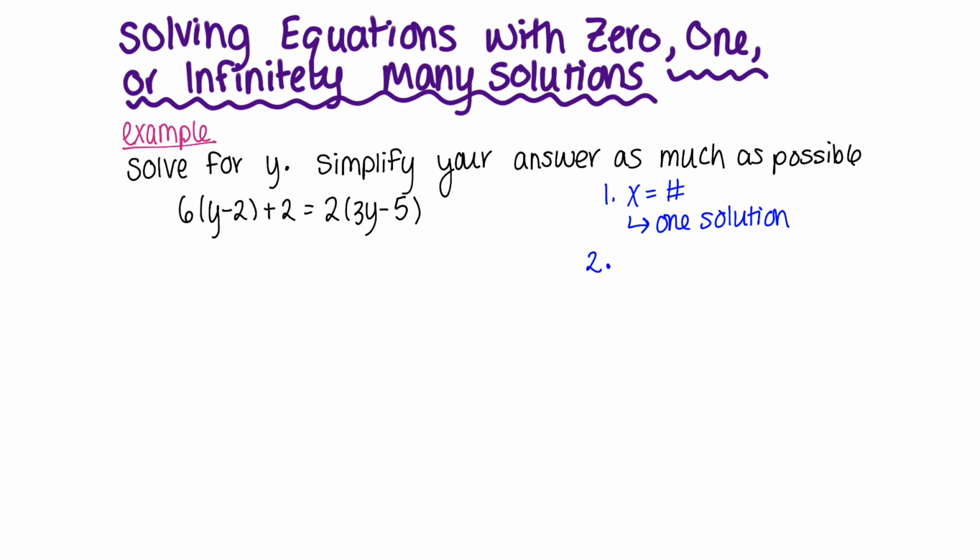Right. The next part is you can have a number equals a number, and these 2 numbers are the same number, like 7 equals 7, or 1 equals 1, or -2 equals -2. In that case, there are infinitely many solutions.